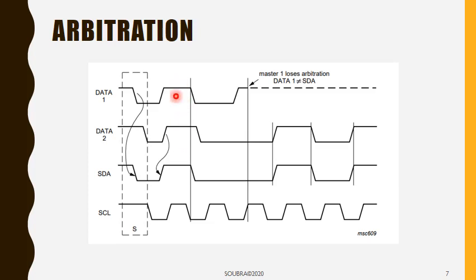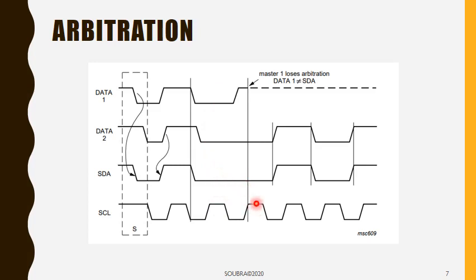They do not see any difference between what they're attempting to send and the result on the SDA line. Now the next high: both of them are trying to send a 0, hence they are seeing a 0, because remember this is a logical AND between the two. So we're all good, and they will continue transmitting.